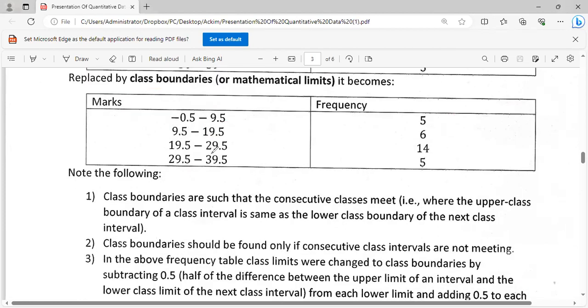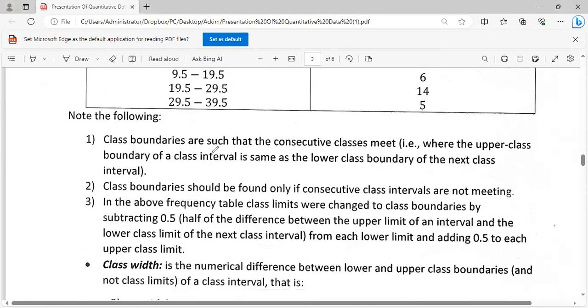Okay, so silence means yes. Note the class boundaries are such that the consecutive classes meet, where the upper class boundary of the class interval is the same as the lower class of the next class. This is what I was talking about. Those are class boundaries. Class boundaries should be found only if consecutive class intervals are not meeting. So you can only convert if they are not the same.